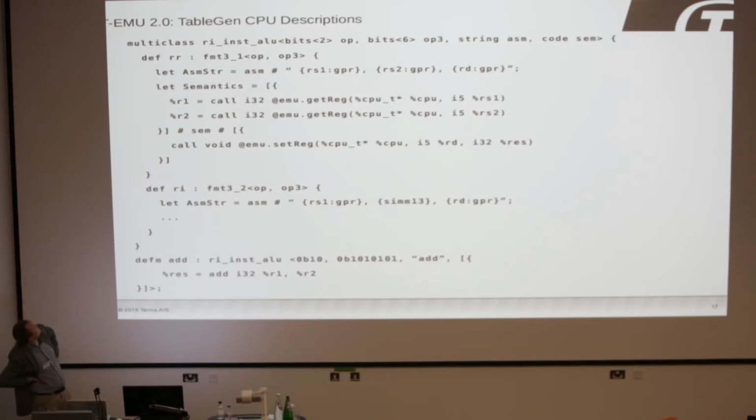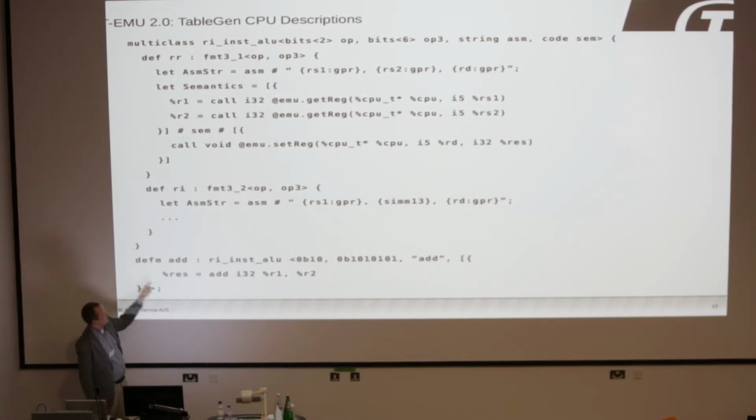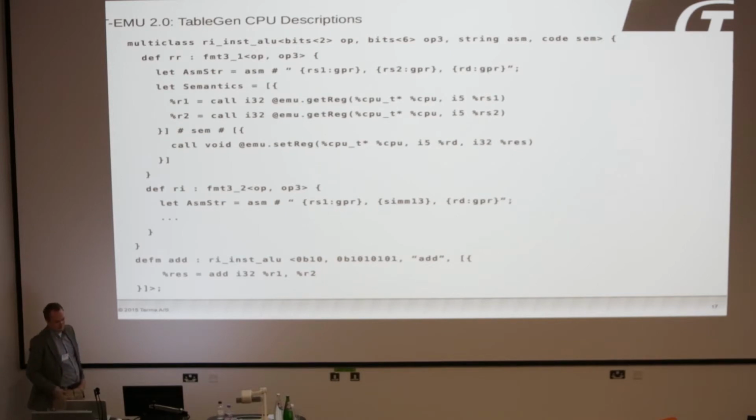But basically we use these multi-classes, and we can define register immediate and register instructions in the same go. We define the instructions, give them opcodes, the assembler name, and the semantics in LLVM assembler, and then there's some concatenation of this, and you get something that hopefully works.